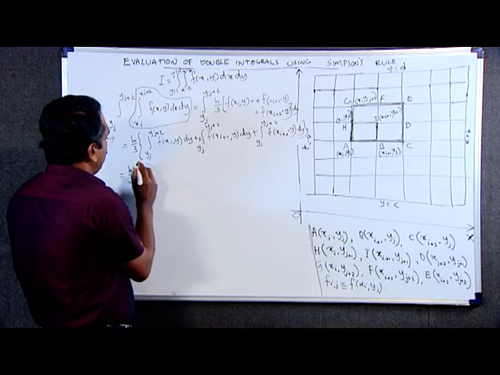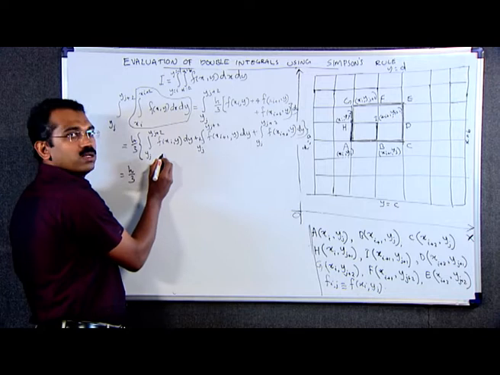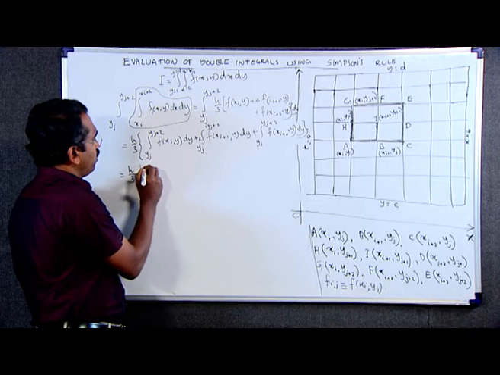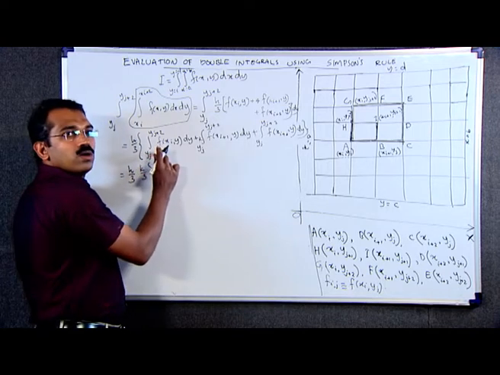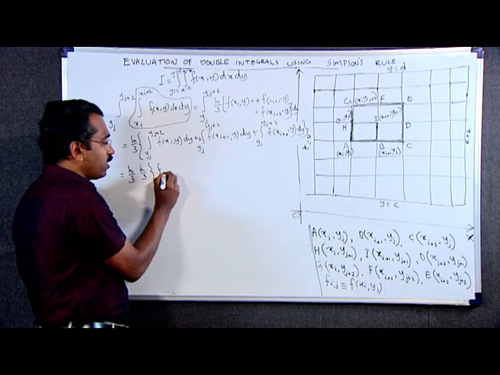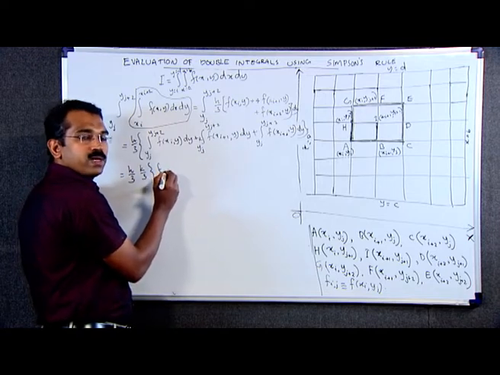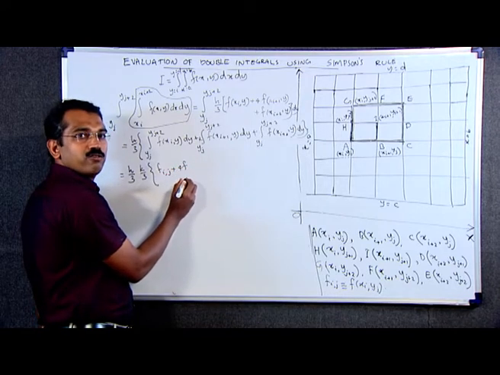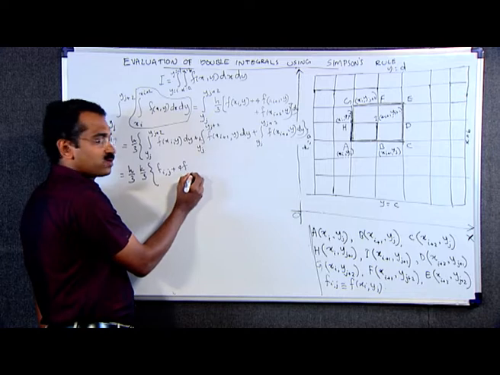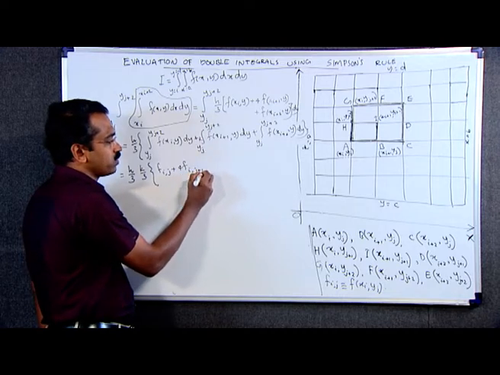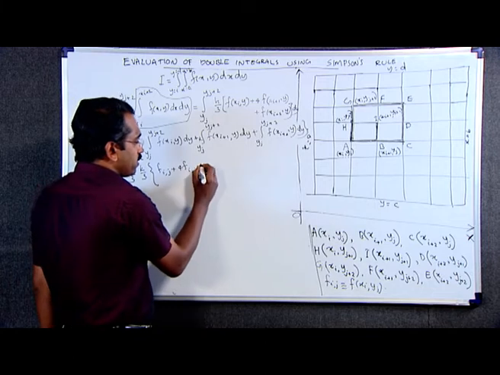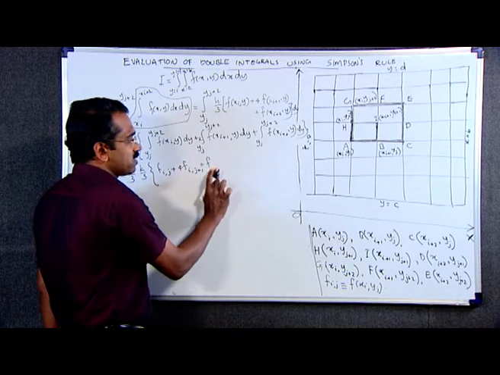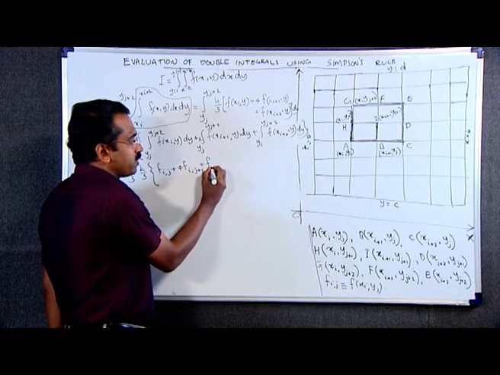For this integral we can write k by 3 into f of xi yj, that is f i comma j, plus 4 times f of xi yj plus 1, that is f i comma j plus 1, plus f of xi comma yj plus 2, that is f i comma j plus 2.